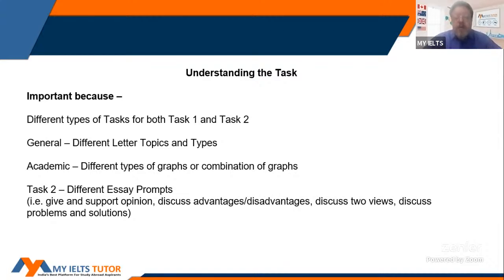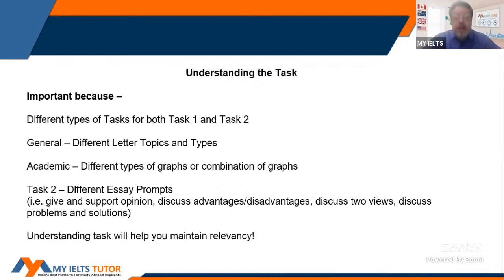So it's important to understand the task, because really you have to understand what you're being asked to do. Once you understand the task, you will then know how to handle it. And that's important.